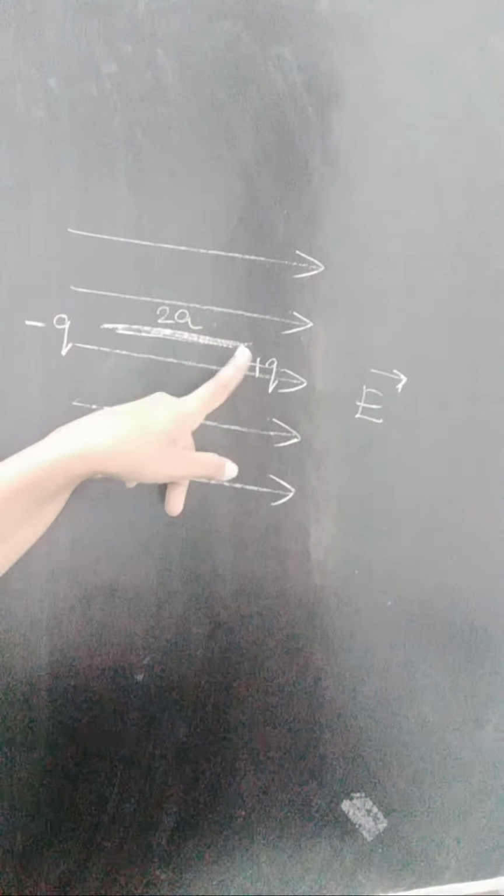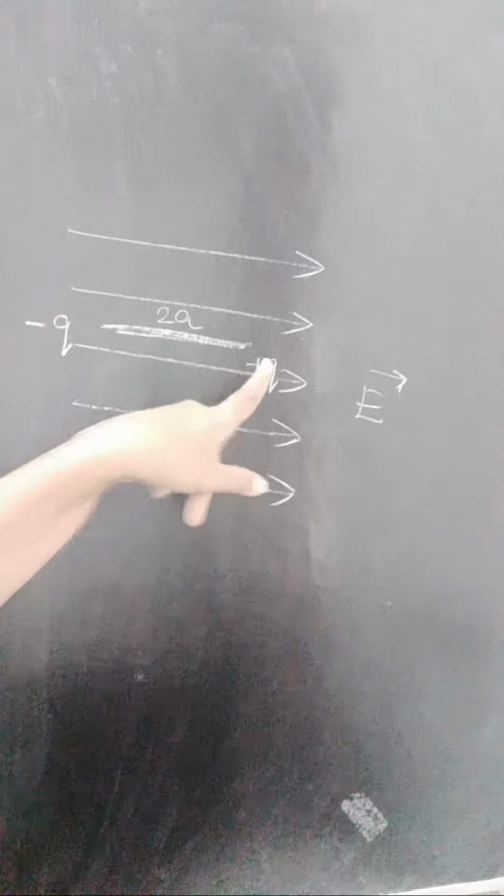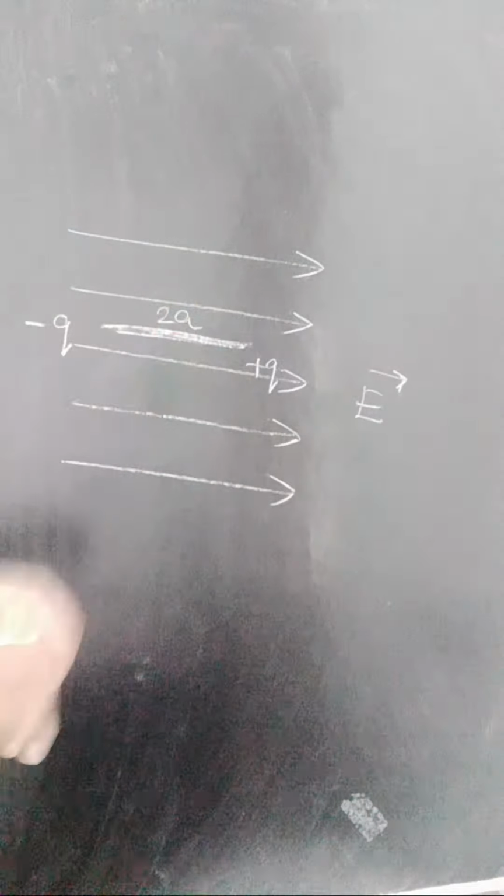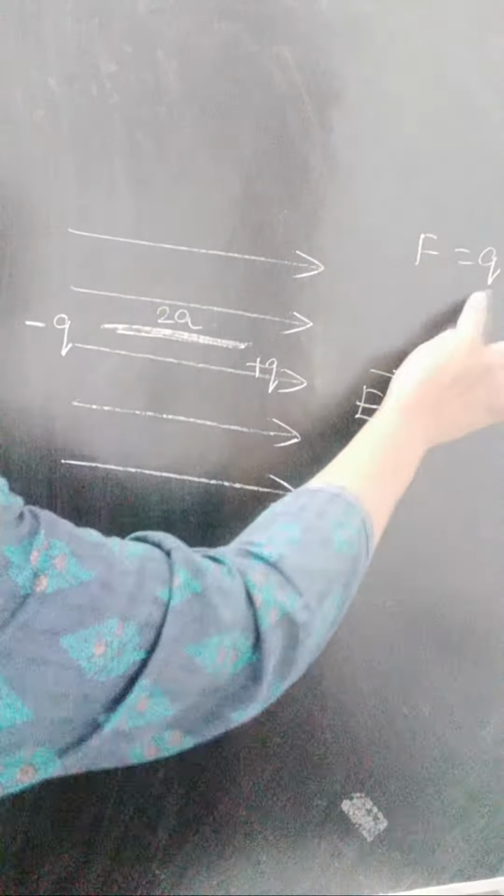When the charge is varying, the force acting on the point charges plus q and minus q will be equal and opposite, because what is the relationship between F and E? We studied F is equal to Q into E. E remains the same, but Q is varying, right?